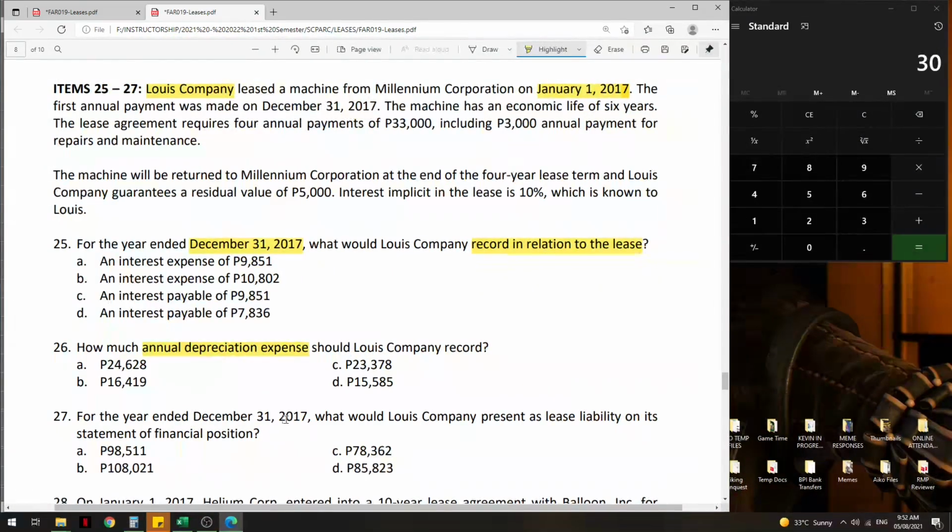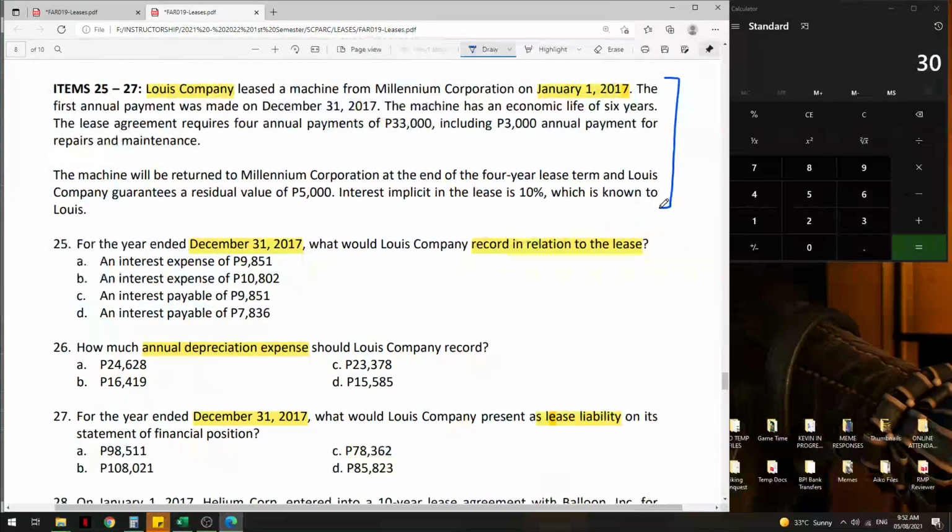Also, on December 31, 2017, para sa number 27, tinatanong dito what would Lewis Company present as lease liability. So, confirmed. Lessee accounting. Lease liab, ano ang ire-record, ano ang annual depreciation. So, let's read the problem.